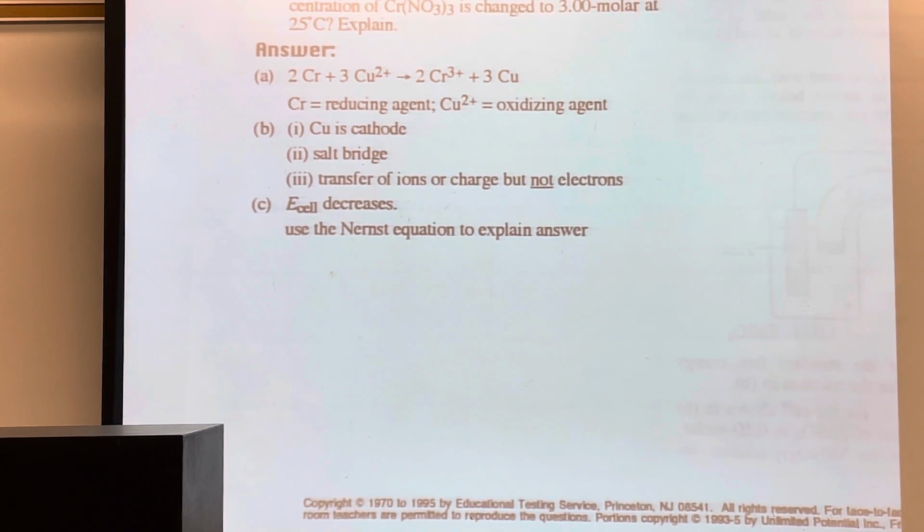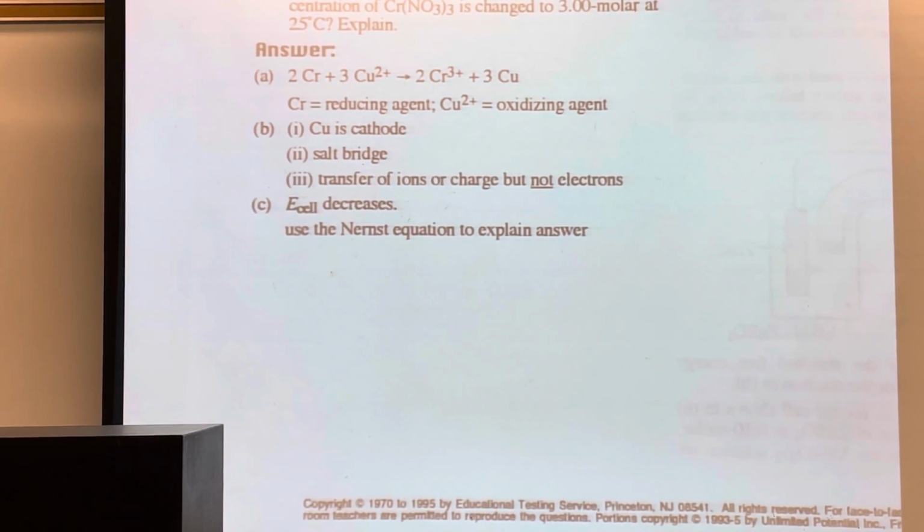Since copper is being reduced, it's the cathode. Remember, vowels stay together, consonants stay together. The salt bridge is the transfer of ions, but not electrons. Notice it says not electrons. Transfer of ions or charge. And E cell decreases with the Nernst equation.